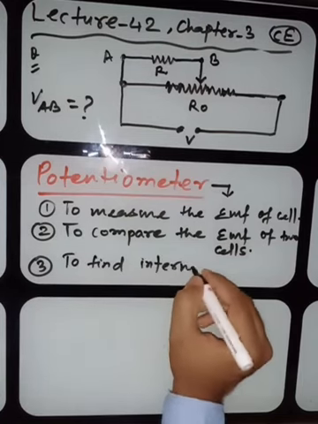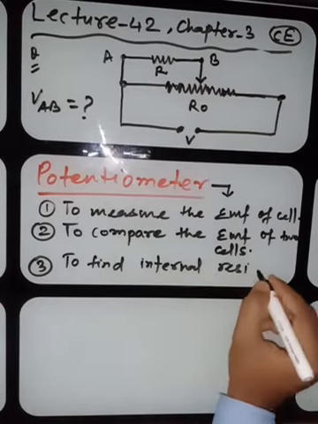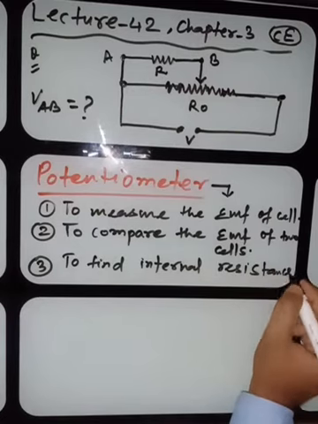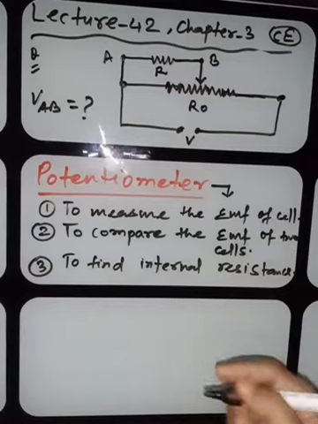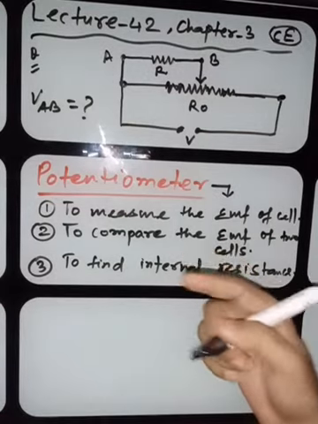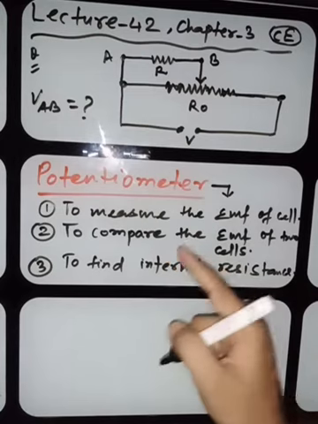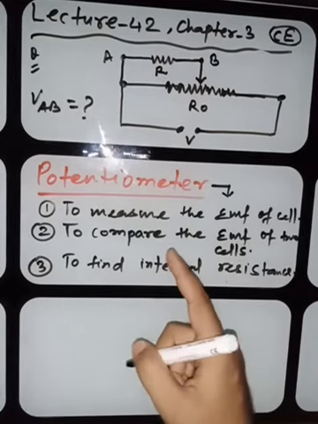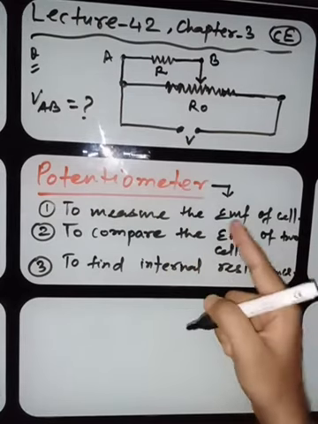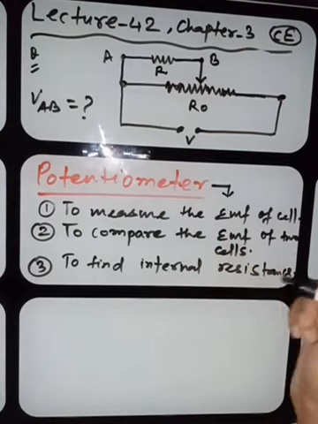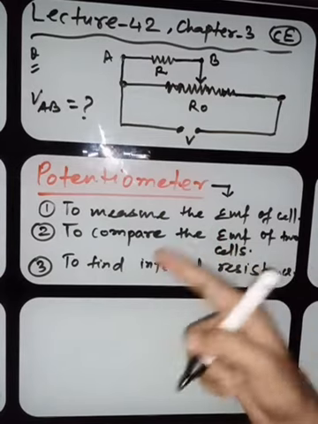You can see this particular device is so sensitive that it can also measure the internal resistance. Now we will study the construction of this device, then we will be able to study it.